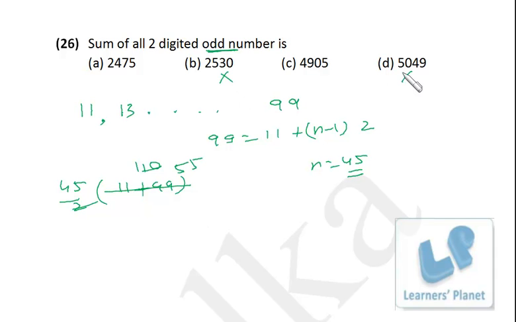So this is cancelled, this is cancelled. Then your answer must be a multiple of 9 and a multiple of 11 as well, right? So I just see this is a multiple of 9, and for the other one, 9 plus 5, 14 minus 4, that is 10. So this number is not a multiple of 11. So we are left with this. So that's the correct choice.